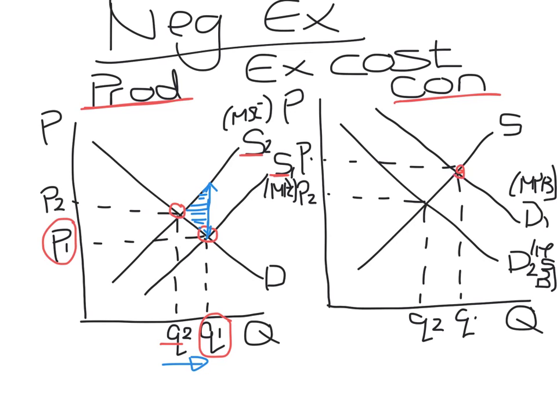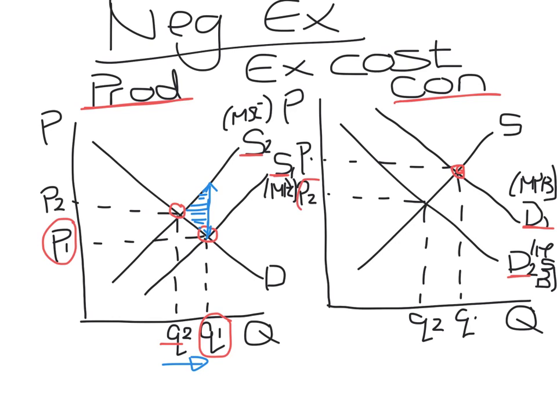So the actual equilibrium is here, but if consumers could feel the full cost of their activities, they wouldn't be demanding this much. The demand would be much further in, it'd be D2 there. So demand would have shifted inwards if they could feel the full cost of their activities.